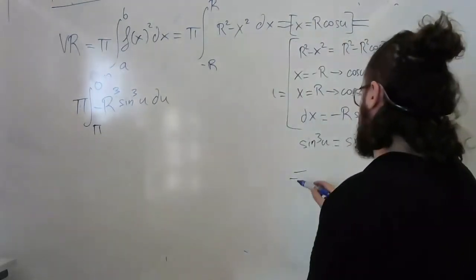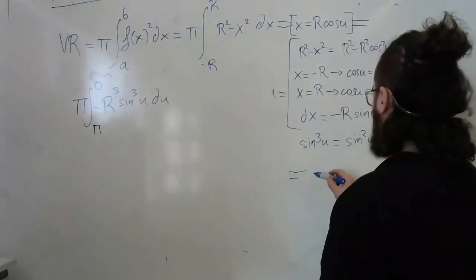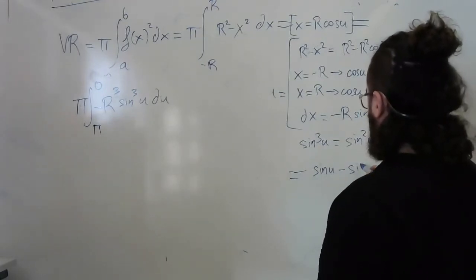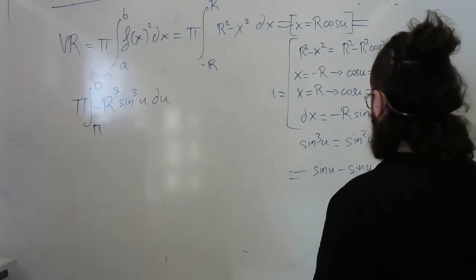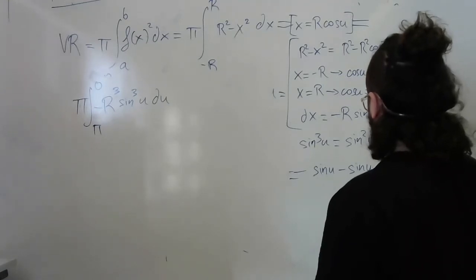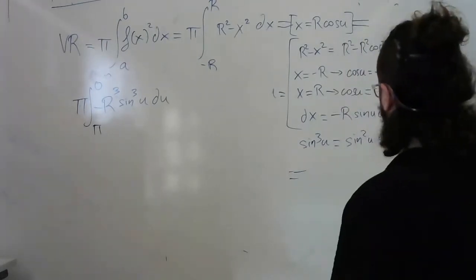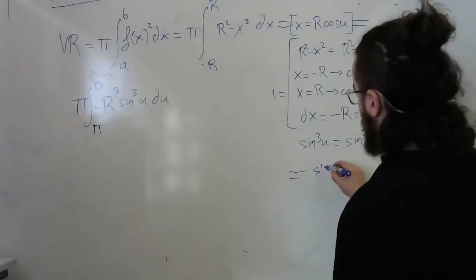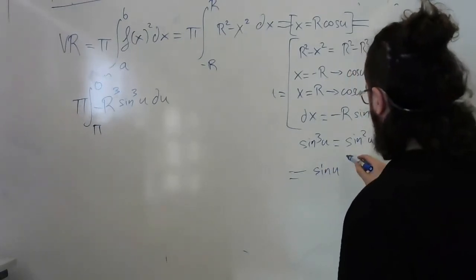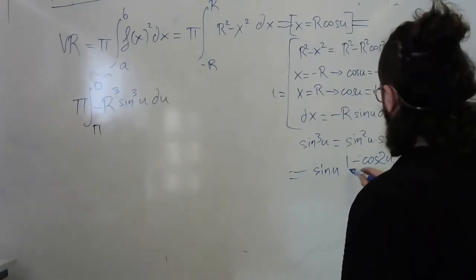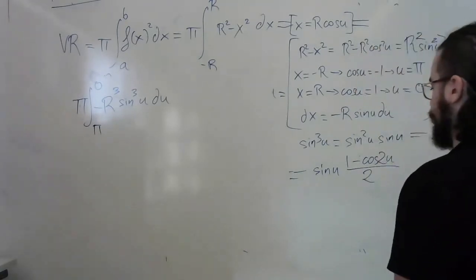How do we operate this? This is sine of u minus sine of u cosine square of u. Let's see if this takes us anywhere. Doesn't look like it. So this is sine of u times 1 minus cosine of 2u divided by 2.